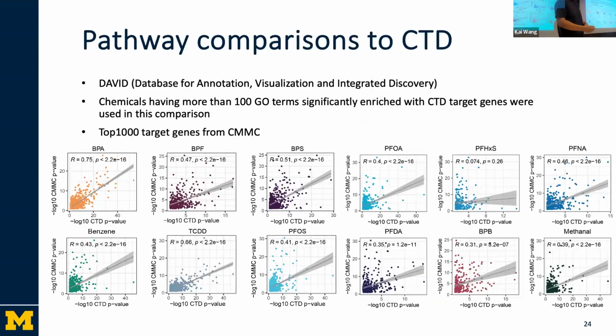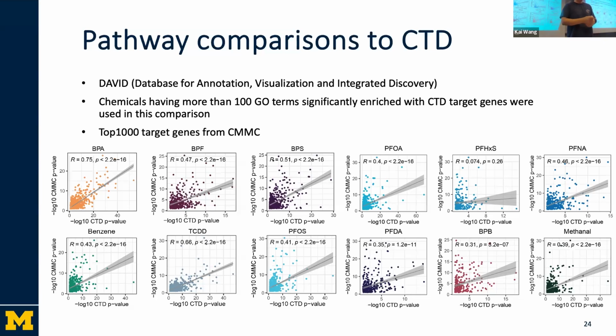After this, we also compared the pathways of the target genes from our result and the CTD target genes. Here we only use the chemicals that have more than 100 significant GO terms enriched with CTD target genes.